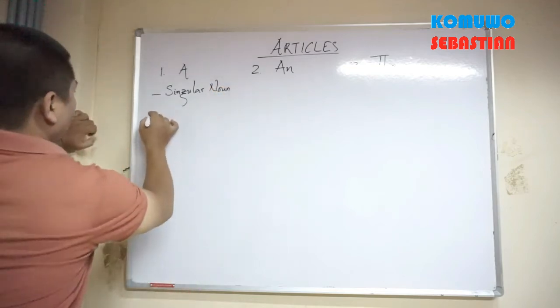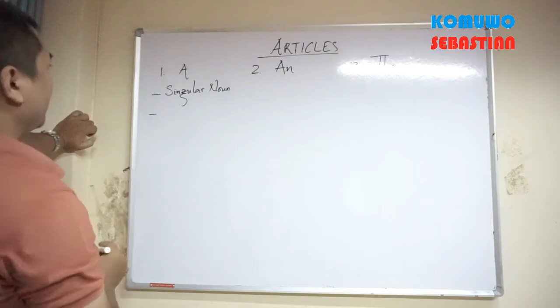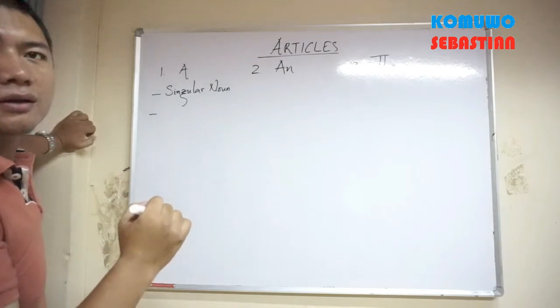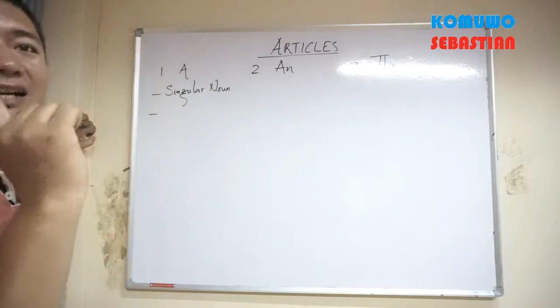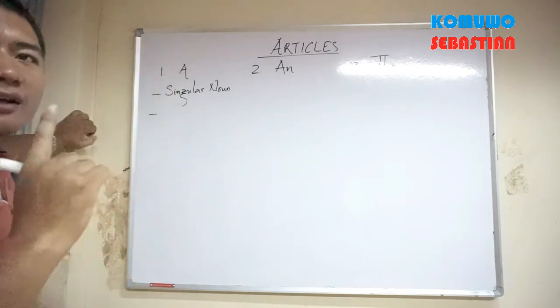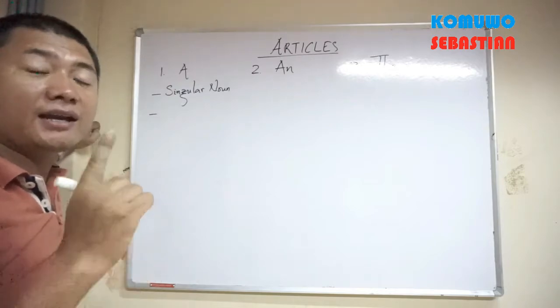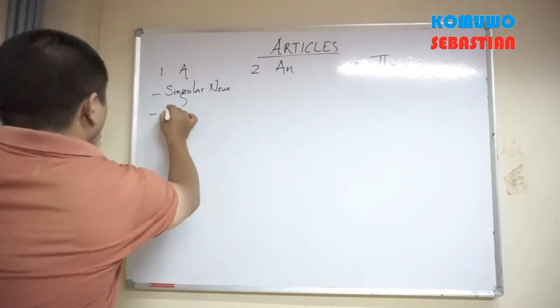And the second thing to keep in mind is a is used before a noun which has a consonant sound. See, I'm not talking about consonant letters. I say consonant sounds.